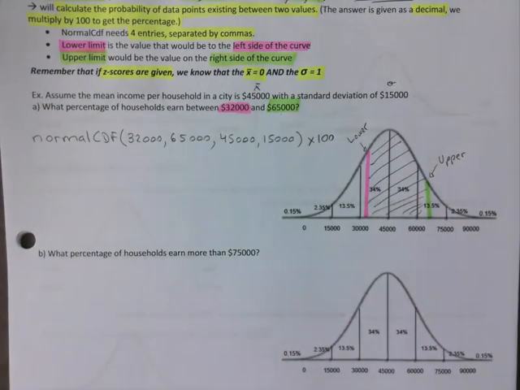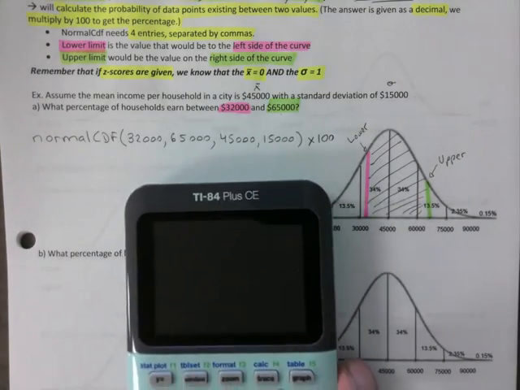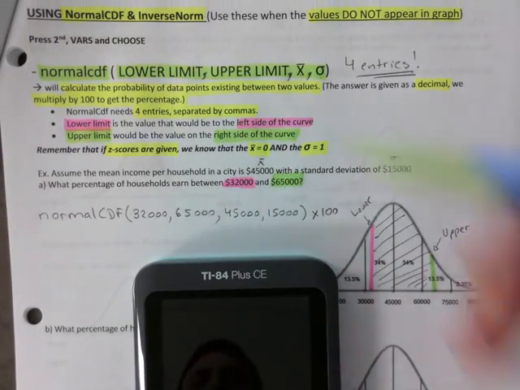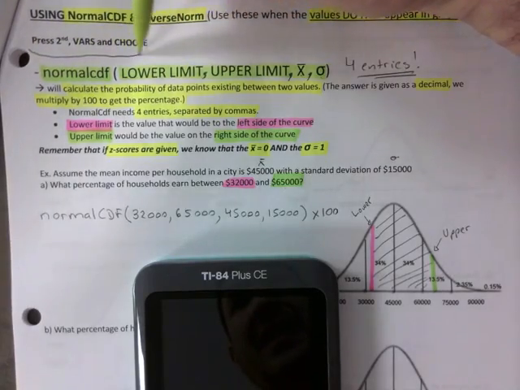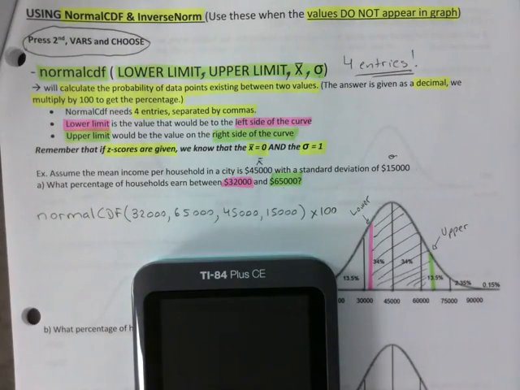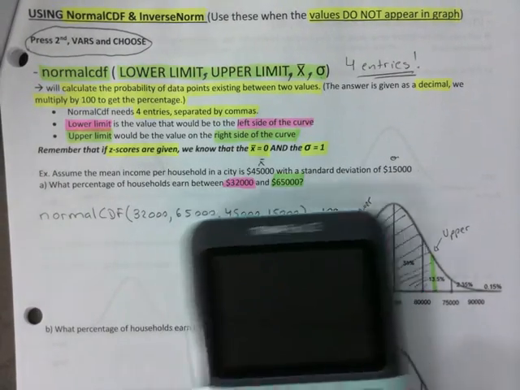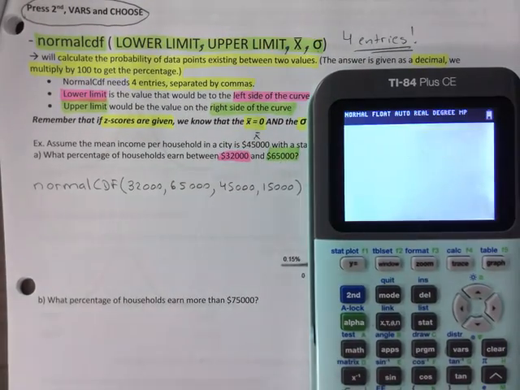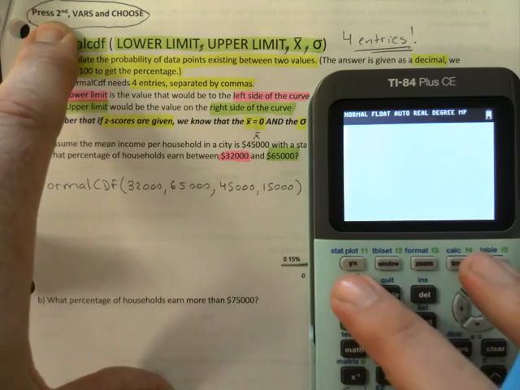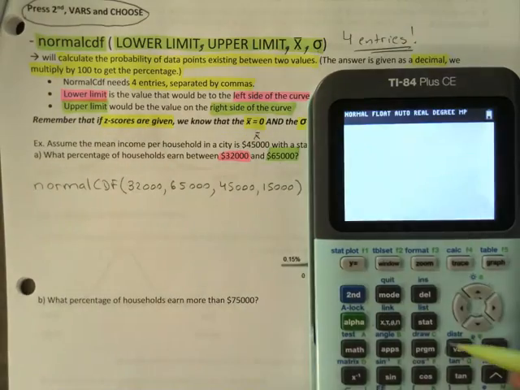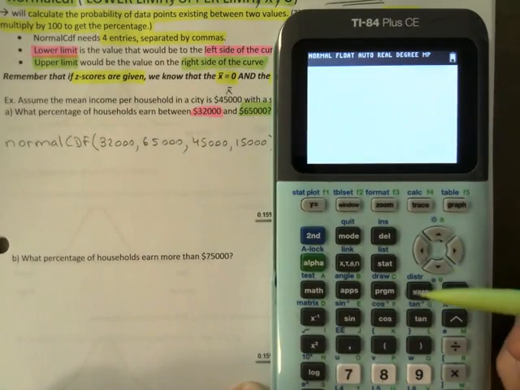Now, let's practice. I would have this on my study sheet as well. This is what you press to get to normal CDF. Let's do that together. Press second, and then vars. If you can't find it, it's right next to clear.